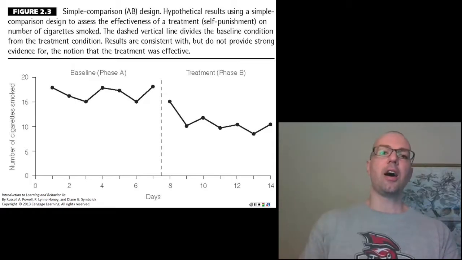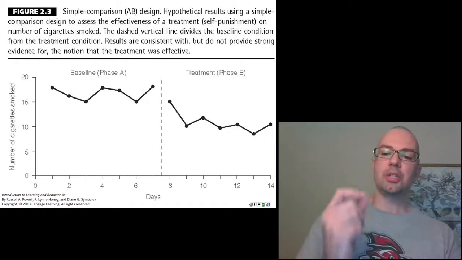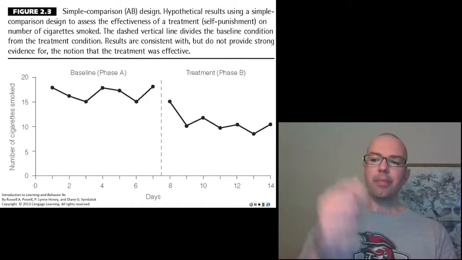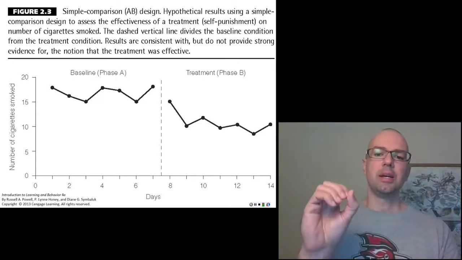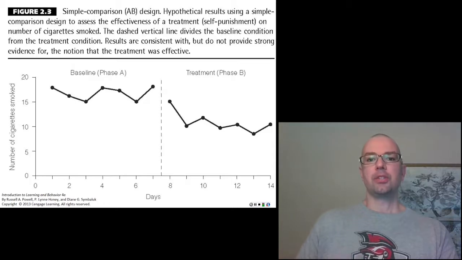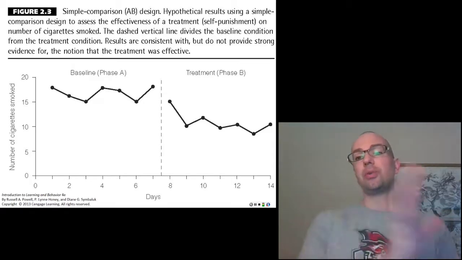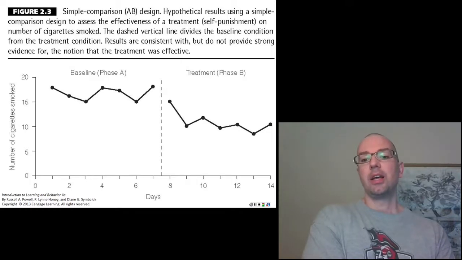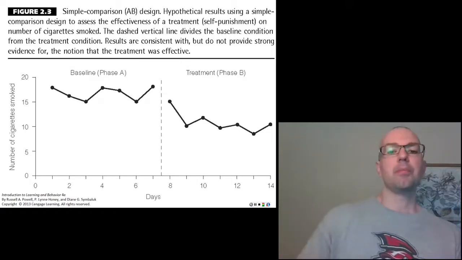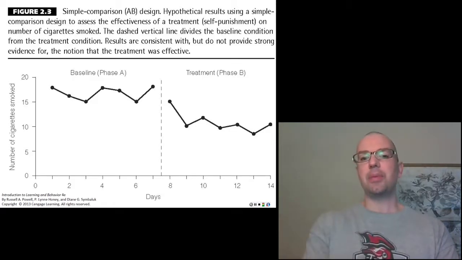However, there is a flaw in the single comparison design, because since you're dealing with one individual, since you're dealing with a single subject, this decrease in behavior might be due to the treatment being effective, but unfortunately, it might also be due to a number of other factors. So at this point, try to think of something else that could have happened on day 7.